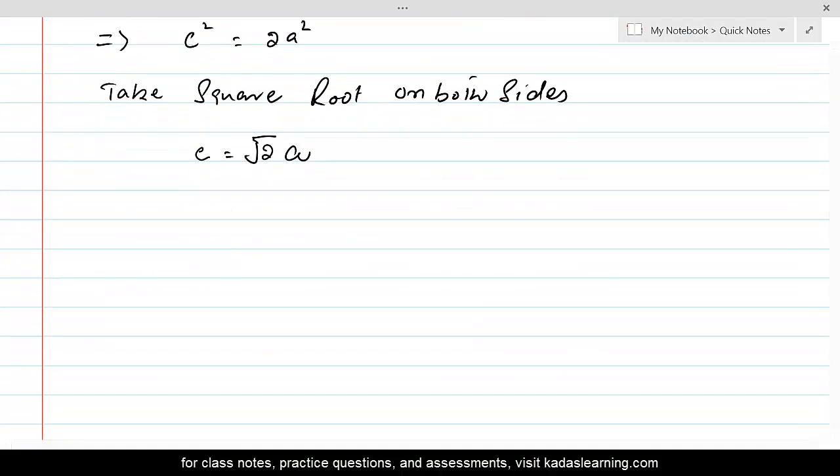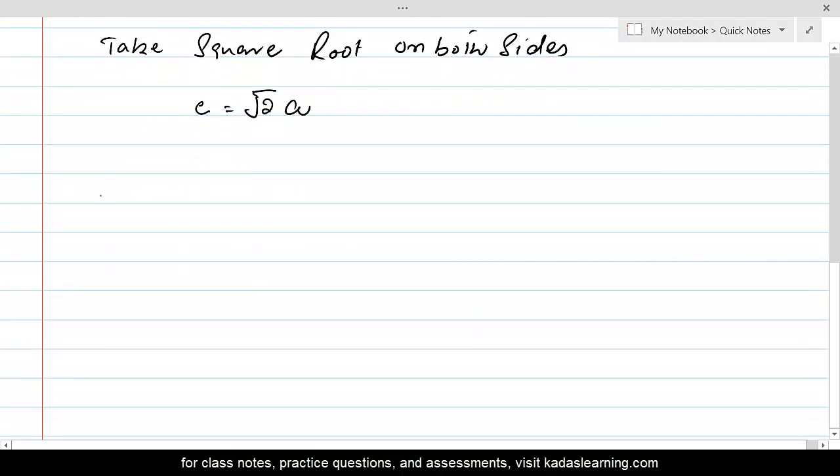Let's take a look at this example. Suppose you are given a right angle triangle like this. Let's say that this is the right angle triangle A, B and C. You are given that this angle is 45 degrees, this angle is 45 degrees and this angle is 90 degrees.